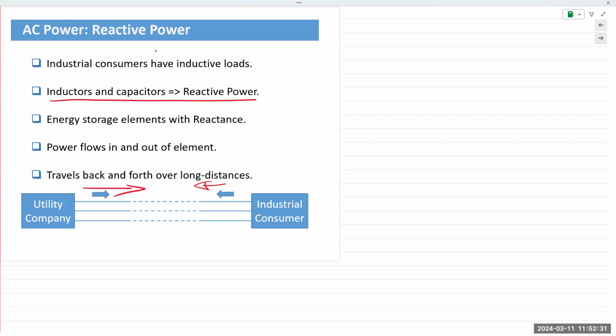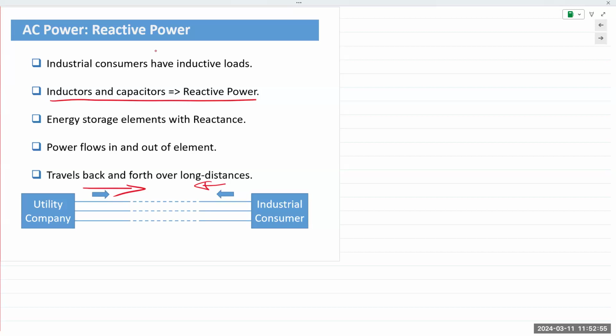So you'd have to pay twice as much, depending on how much power you're sending, right? And the associated infrastructure with it, the generators, the safety equipment, the transmission lines, all of that infrastructure has to be able to handle all of that real power as well as the reactive power, which is prohibitively expensive, right? We don't want to do that, obviously.